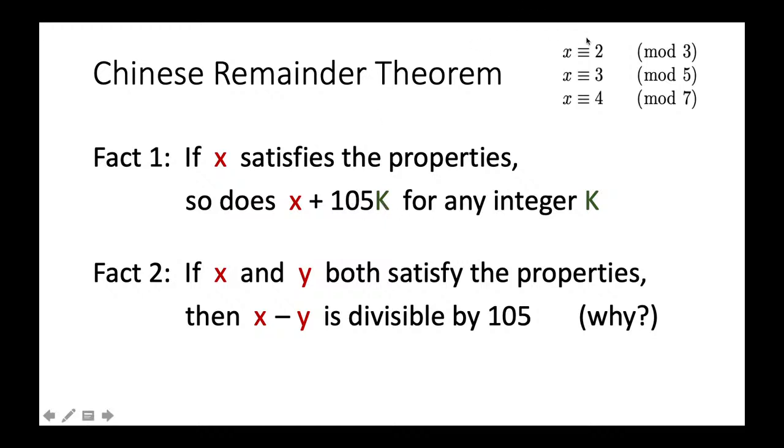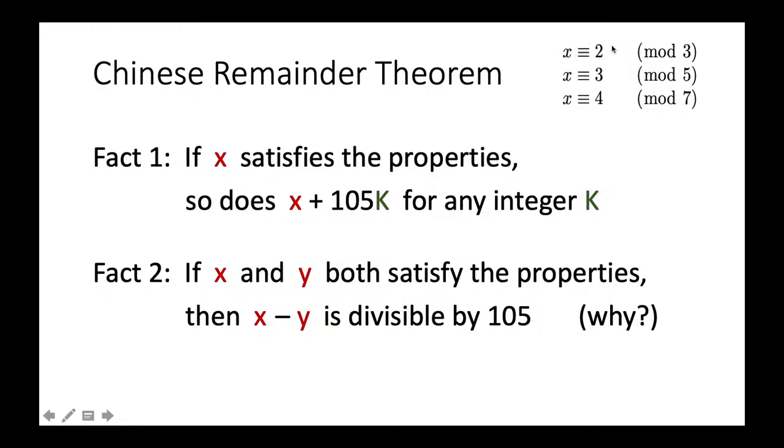The reason is that the number 105 itself is a multiple of 3, 5, and 7.